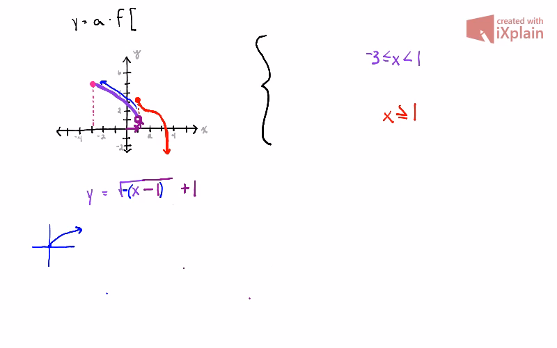And inside there, it's going to be your horizontal stretch or compression times x minus whatever your horizontal shift is. And then outside, we're going to do plus k, whether we move it up or down.